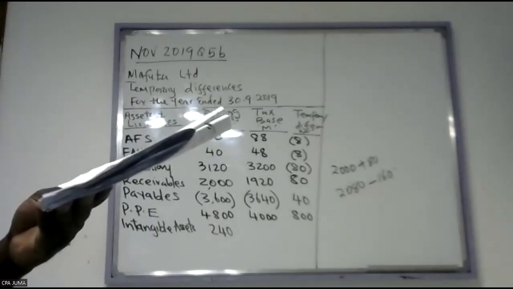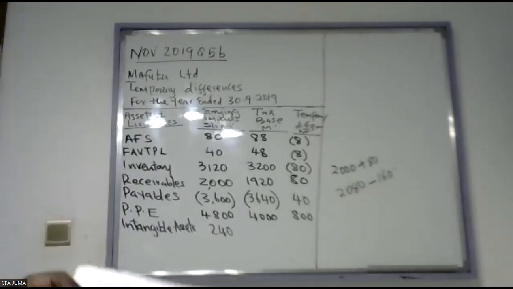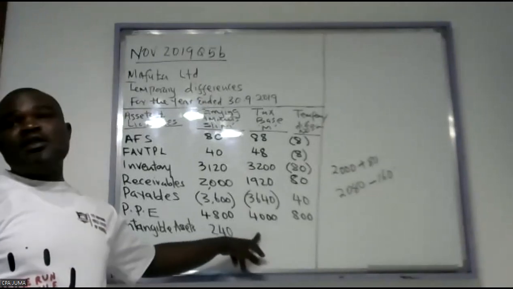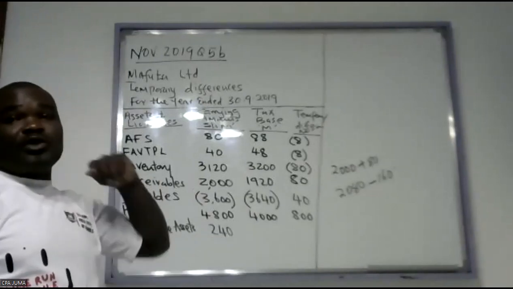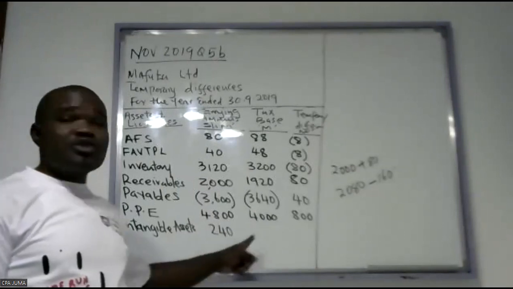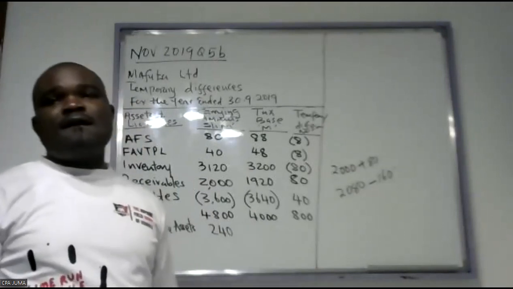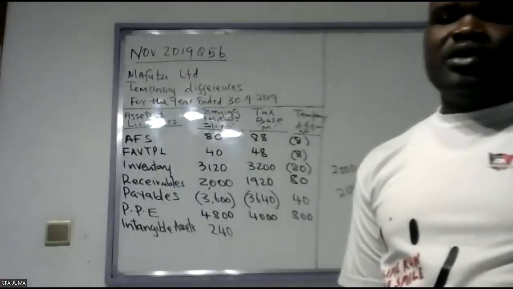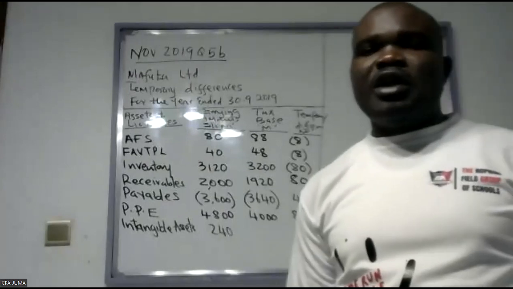This was allowed for tax purposes in full 2 years ago. But what will the tax base be? They are saying this amount was allowed for tax purposes 2 years ago. So what is the tax base? Somebody? How much will the tax base be?